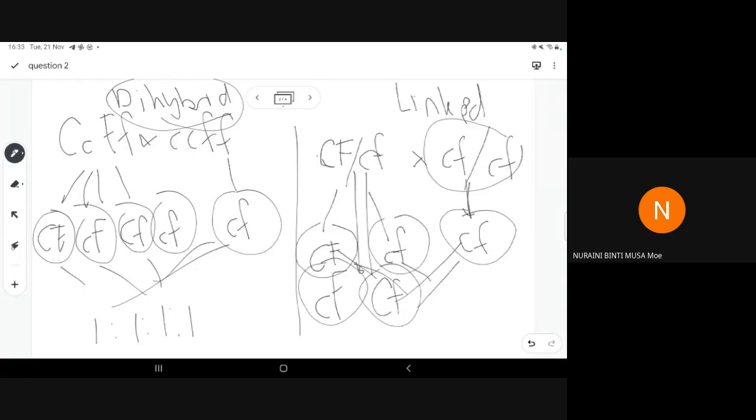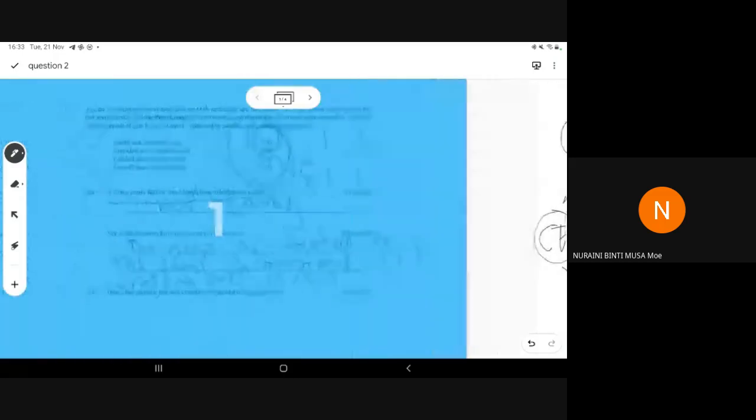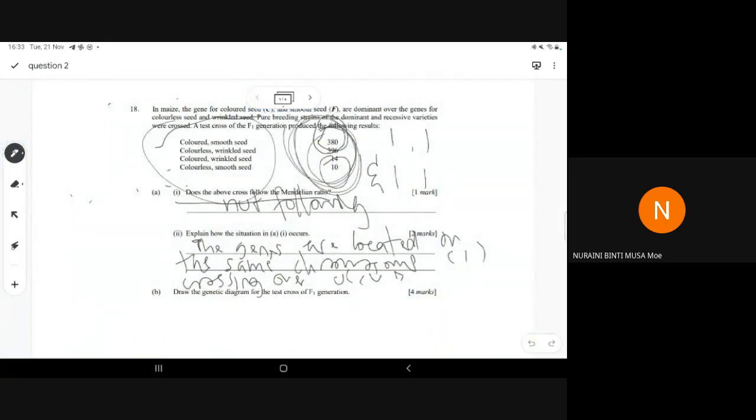Sama juga macam normal dihybrid. But what's different? The difference is that the ratio is not the same as Mendelian ratio. In Mendelian ratio, you will get 1, 1, 1, 1.